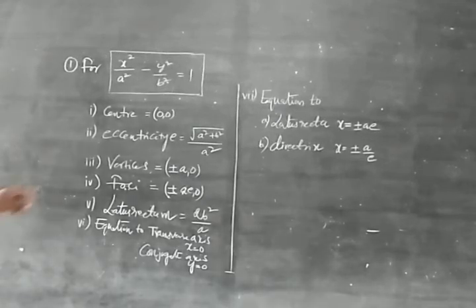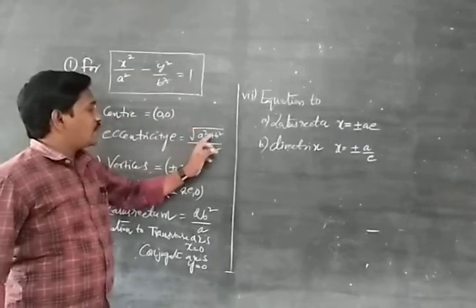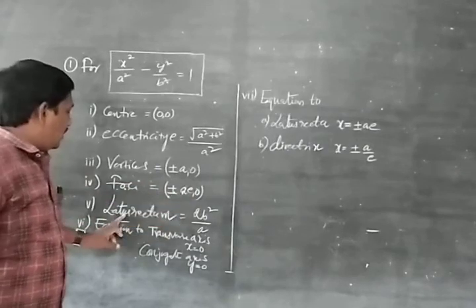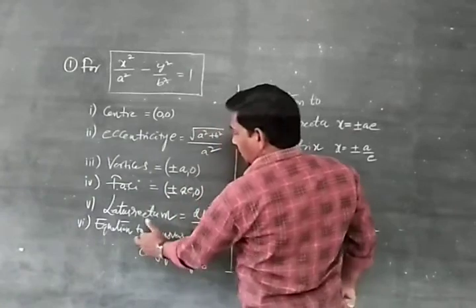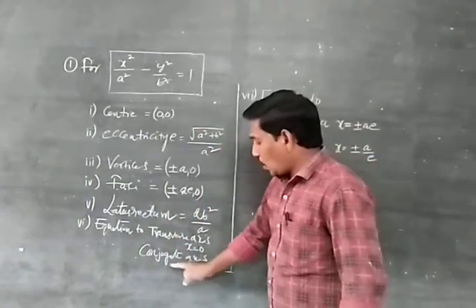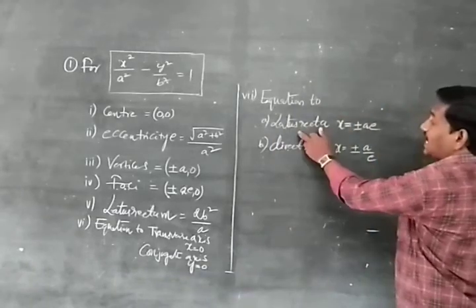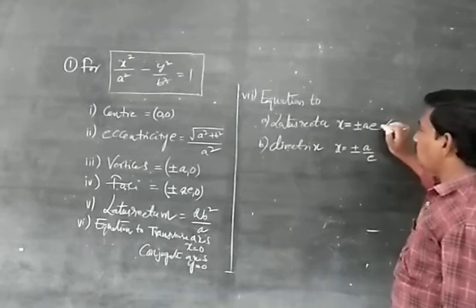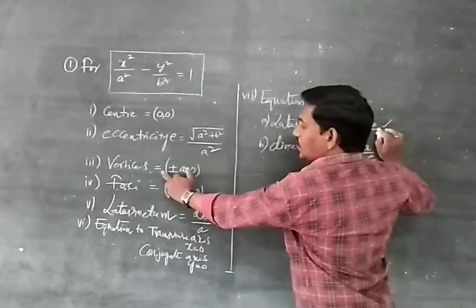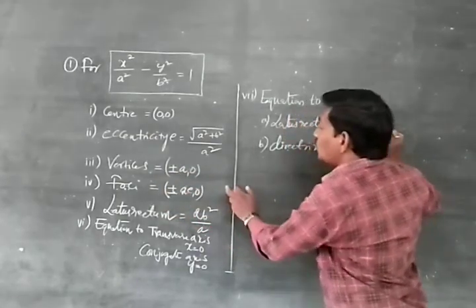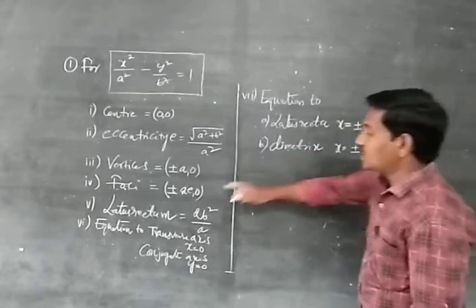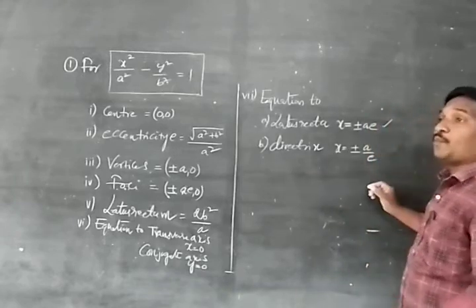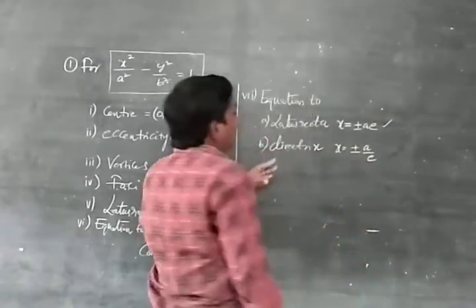Okay. Center 0, 0, eccentricity root of a square plus b square by a square, vertices plus or minus a, 0, foci plus or minus ae, 0, latus rectum 2b square by a, and equation to transverse axis and conjugate axis, and equation to latus recta x equal to plus or minus ae. We know that vertices are a, 0 and foci plus or minus ae. From the foci we get the latus recta x equal to plus or minus ae, and for the directrix, the point on the directrix we know is plus or minus a by e, 0.